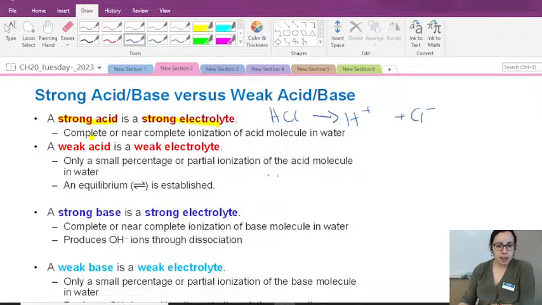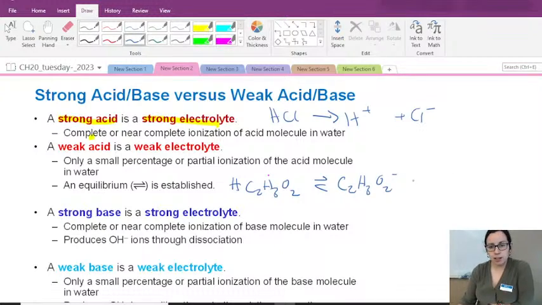Meanwhile, with a weak acid, so if we write our vinegar, we have an equilibrium established. And so again, the reason why vinegar is a weak acid is because it can go back and forth. And so we make our acetate anion, and I'm just doing our simplification, so plus H plus.